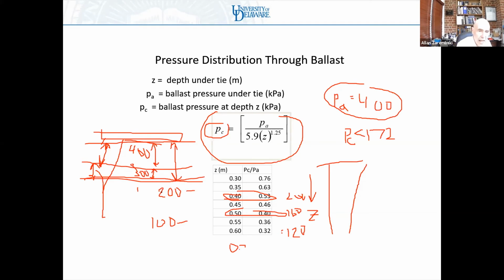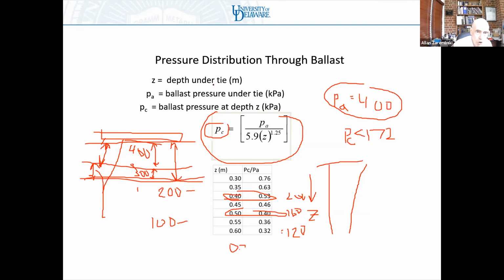So you can calculate a depth of ballast. You can get away with probably 0.3 meters of ballast, or maybe even less, maybe 0.25 meters, then maybe another 0.25 meters of subballast. Then you'll have a granular layer of half a meter, which will bring you down to the 200 kilopascal level that you want.